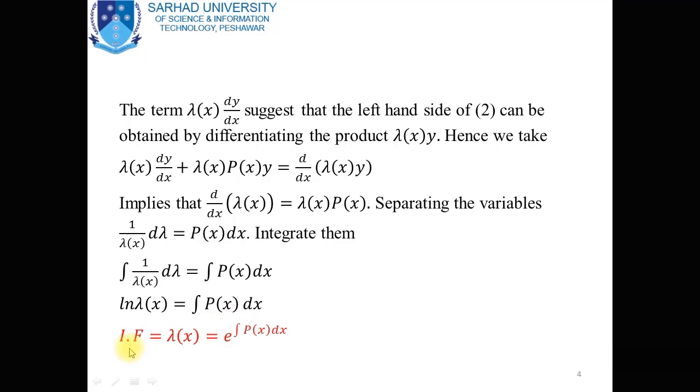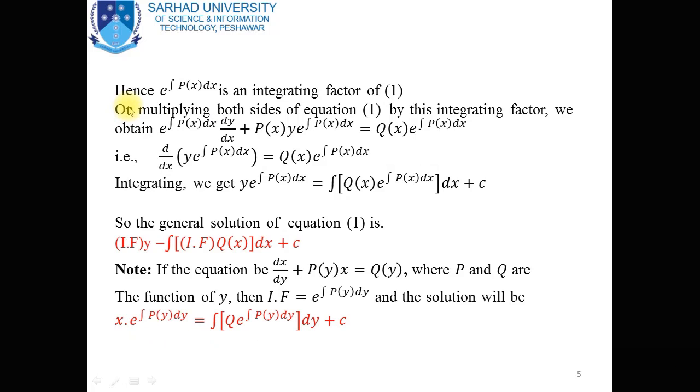So the integrating factor is lambda(x) = e to the power integration of P(x) with respect to x. Hence e to the power integration of P(x) dx is an integrating factor of equation number 1.